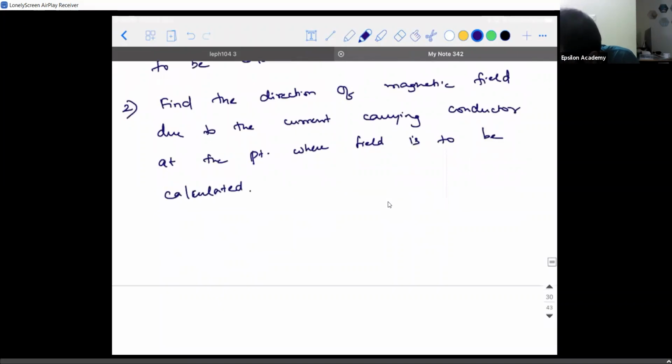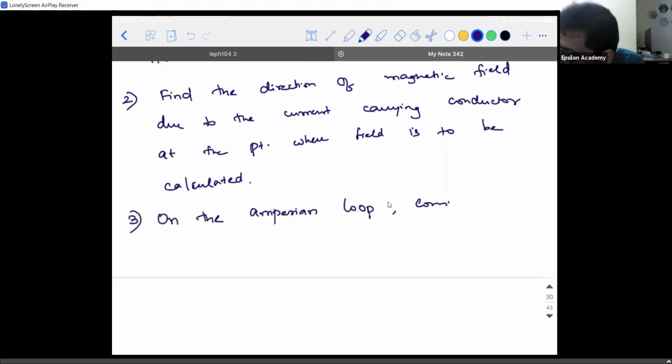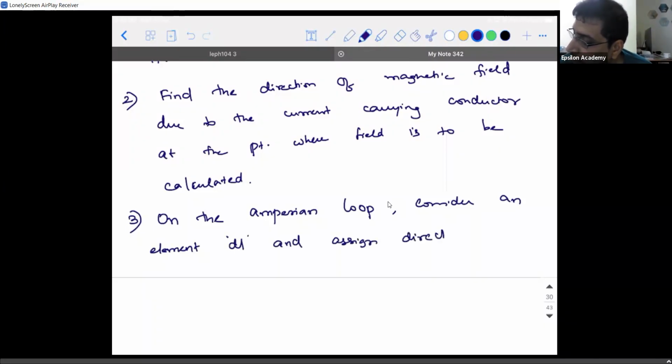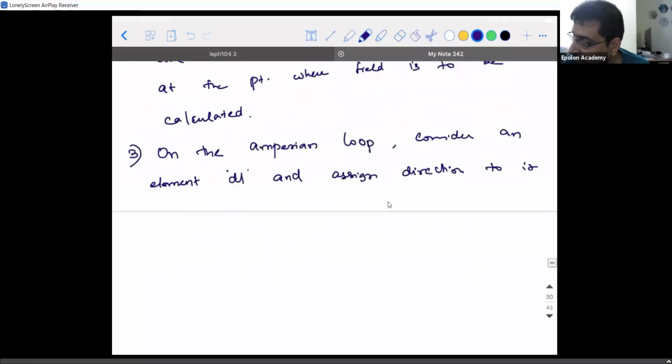Okay. Third, on the Amperian loop, consider an element dl and assign a direction to it. That's it.